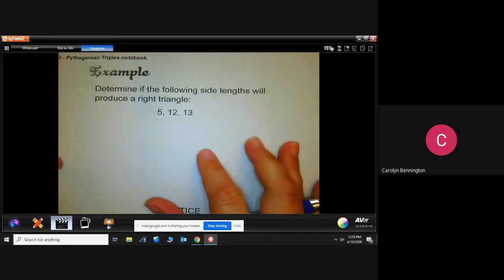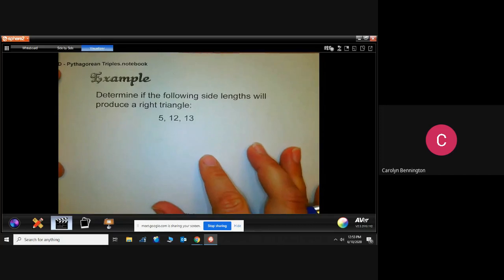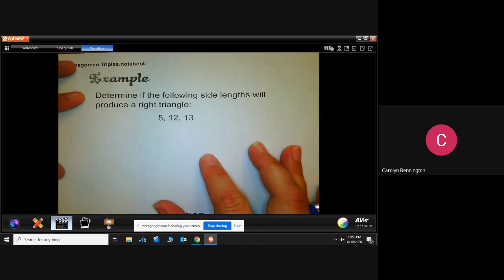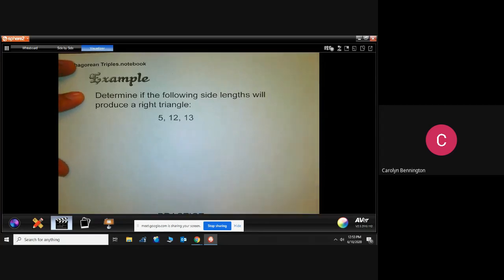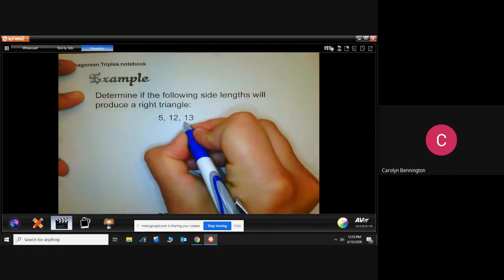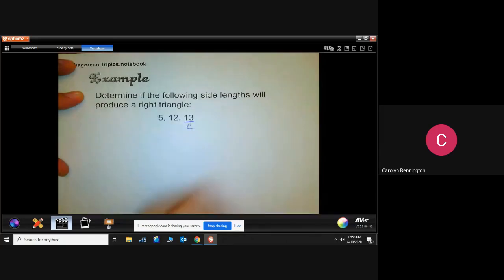Okay, looking at our last example. Again, we're going to determine if the following side lengths will produce a right triangle. So just like the last question, the first thing we need to do is find our hypotenuse, which is the longest side. So choose the largest number, which will be 13, and that is going to be our C value.